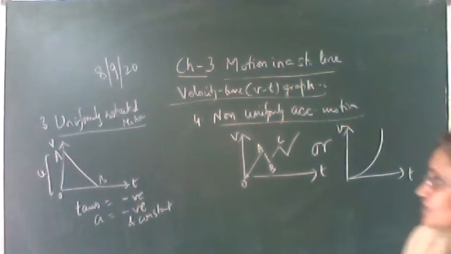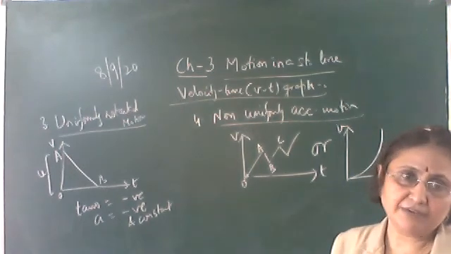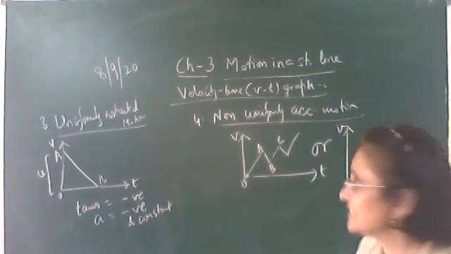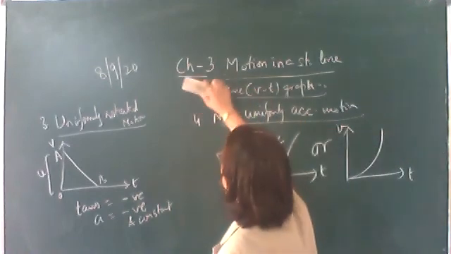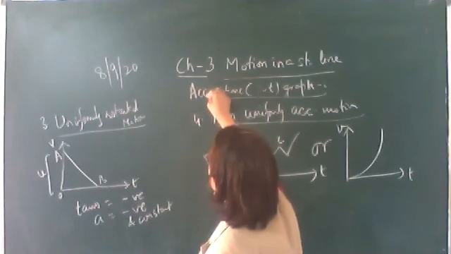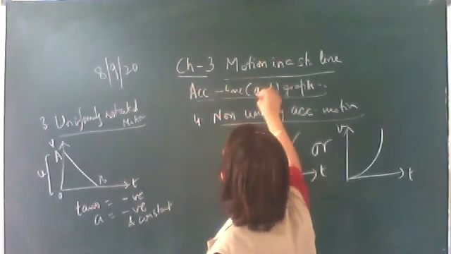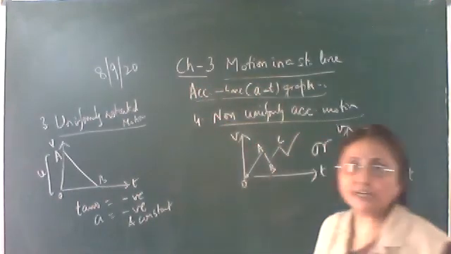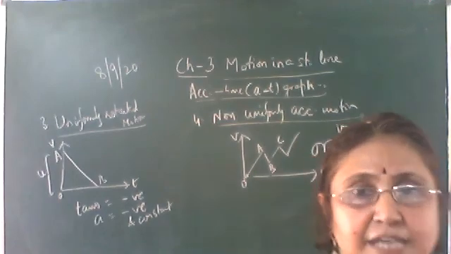Then the next, the third type of graph, is the acceleration time graph, which we call the AT graph.